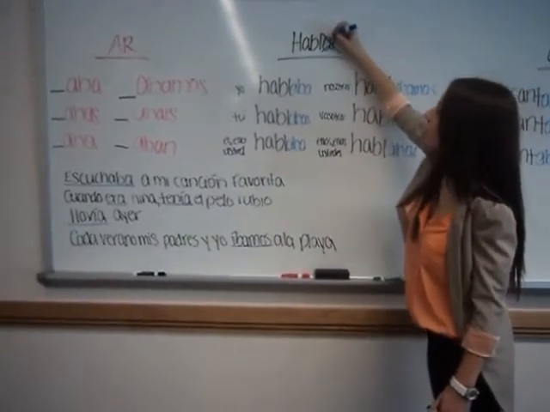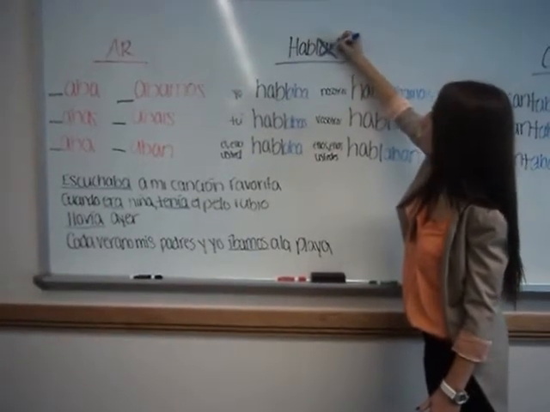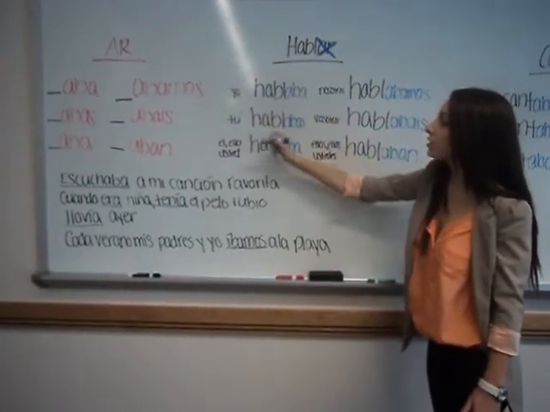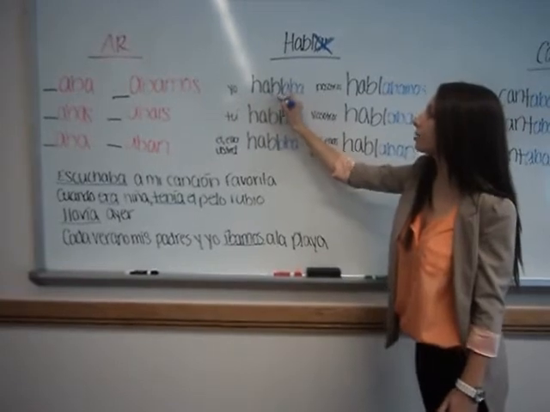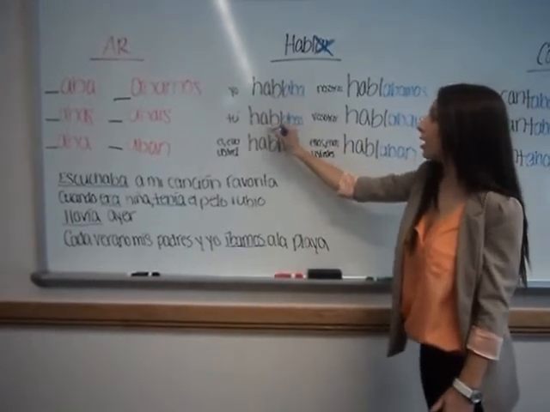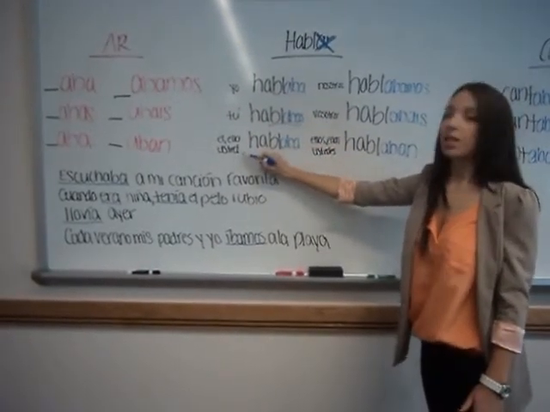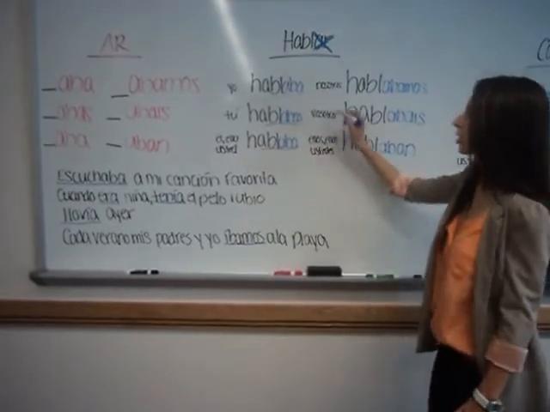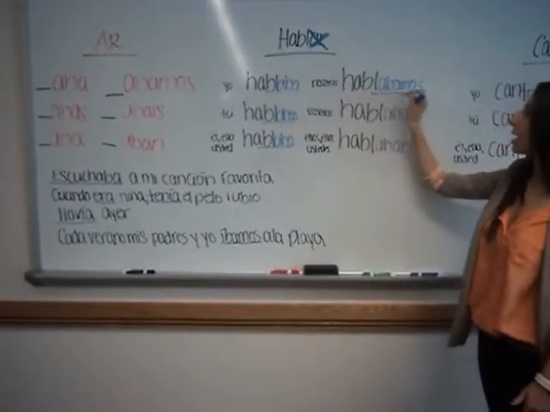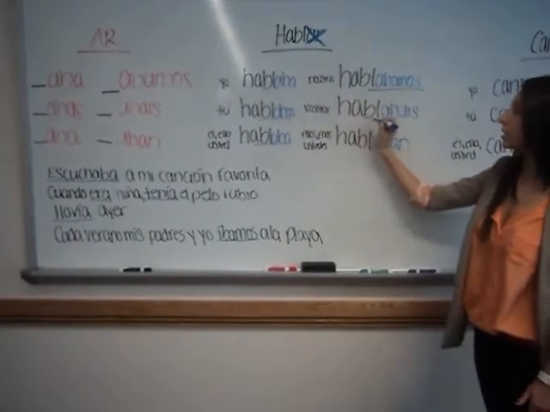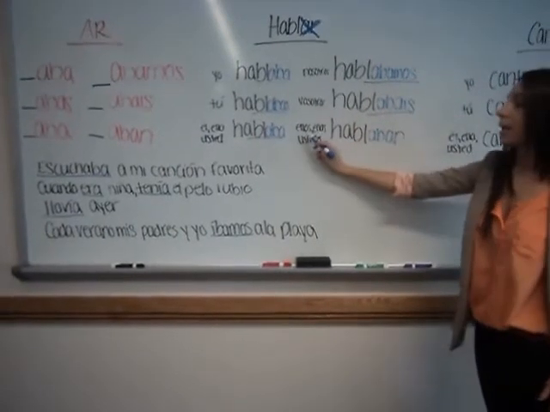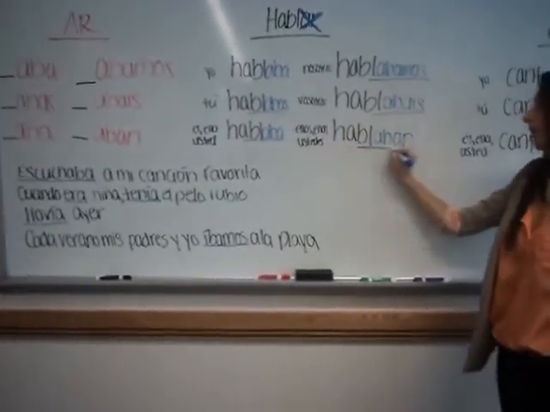So we get yo hablaba, tú hablabas, él, ella, usted hablaba, nosotros hablábamos, vosotros hablabais, y ellos, ellas, ustedes hablaban.